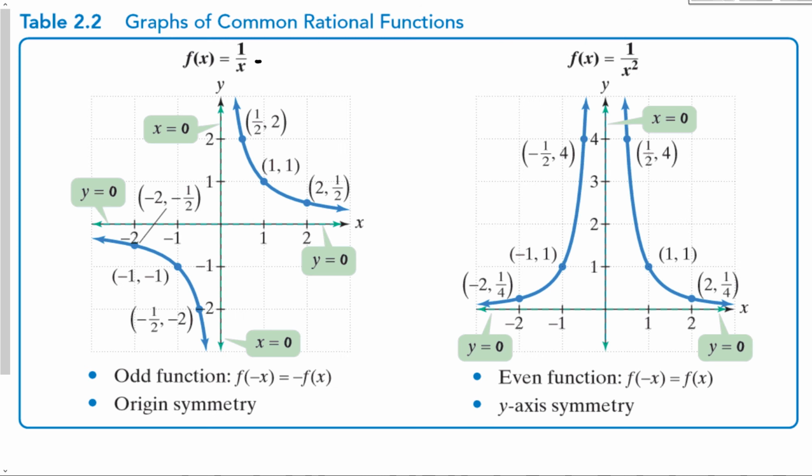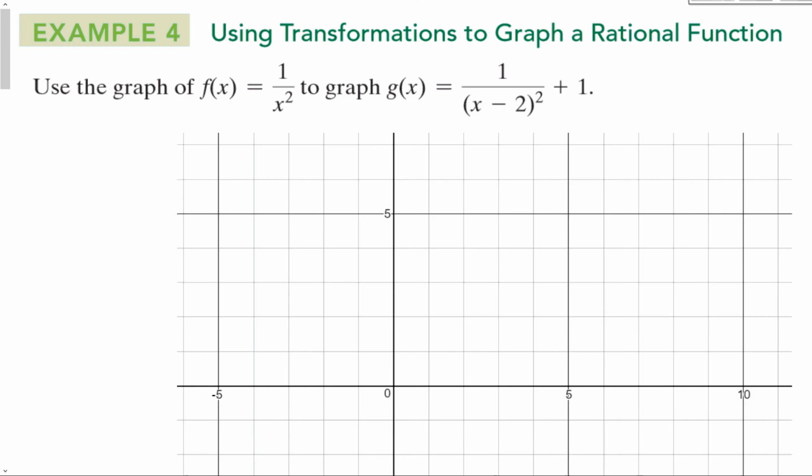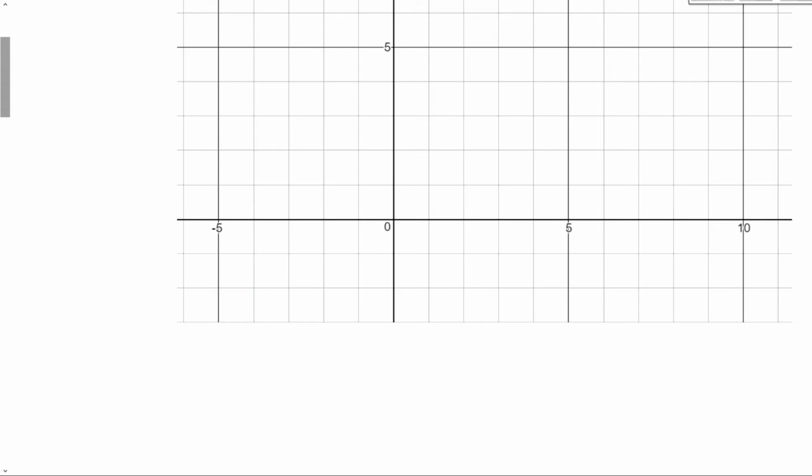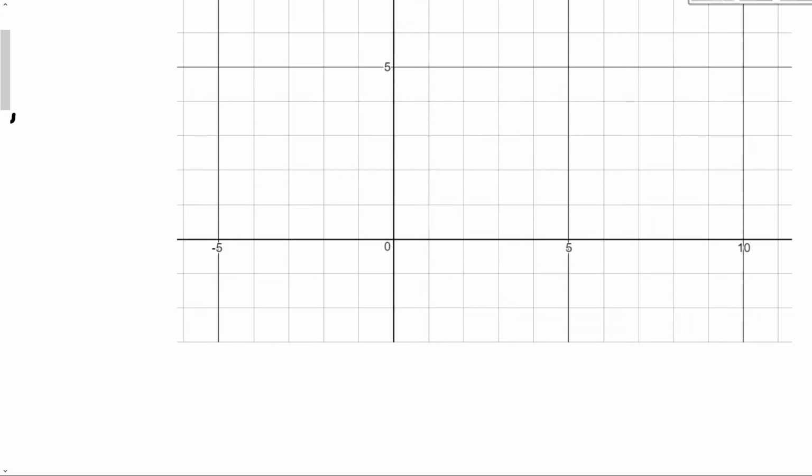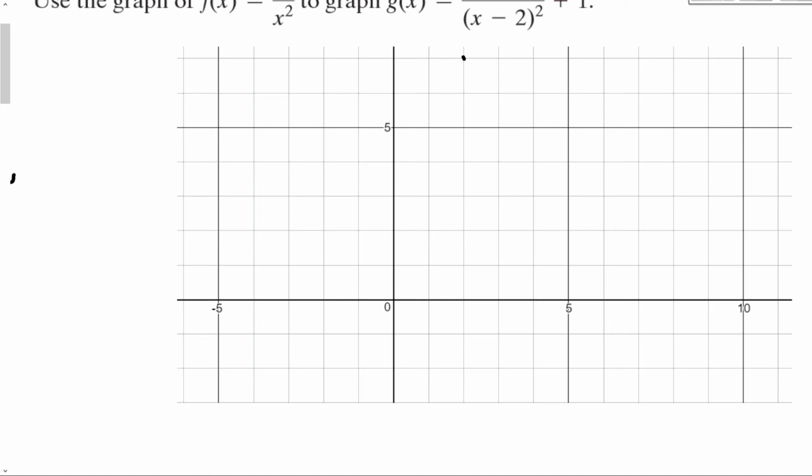So if I look at the parent function, I see that it does have both. It has a horizontal asymptote at 0. It has a vertical asymptote at 0. Now, instead, it will have a horizontal asymptote at, if I shift this 2 to the right, it's going to have a horizontal asymptote at 2.